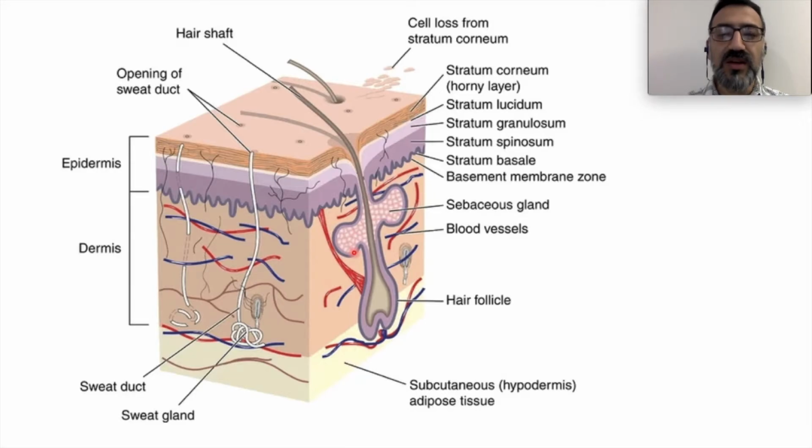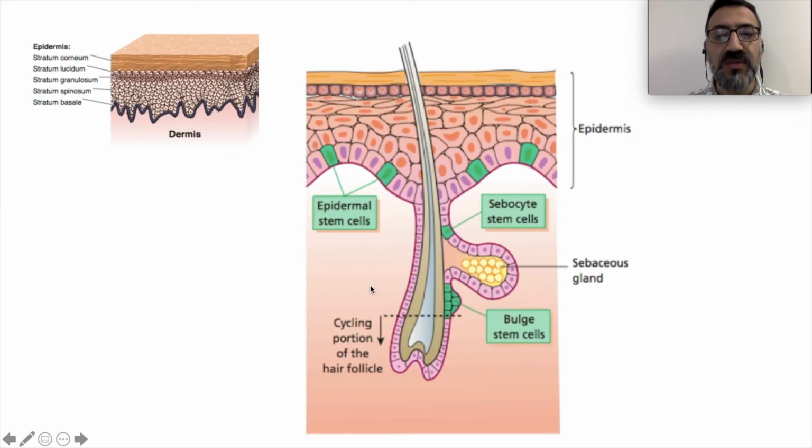If you see closely, the hair itself is part of the epidermis, the top layer of the skin, but the hair follicle is residing in the dermis. The next slide is about the layers of the epidermis. It's not very important for this particular video, but the main purpose is to show how many layers there are in the epidermis.